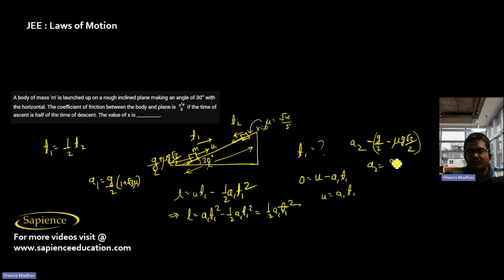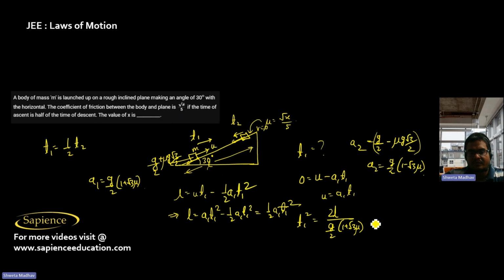So A2 will be equal to G by 2 into 1 minus root 3 mu. Therefore T1 square is 2L by A1, where A1 is G by 2 into 1 plus root 3 mu.